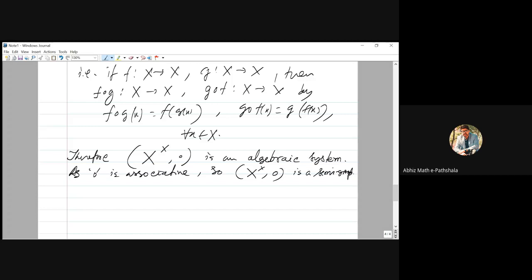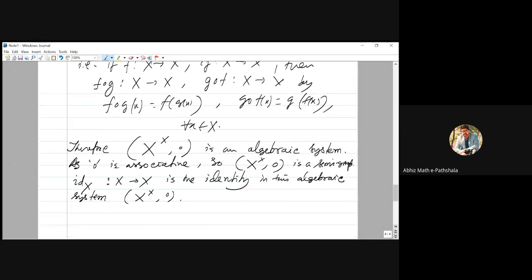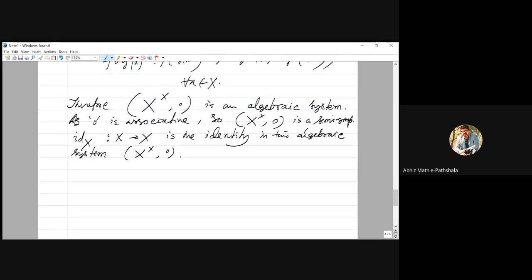So the identity map of X from X to X is the identity in this algebraic system, right? Just using the definition of identity map. So this algebraic system is a monoid.